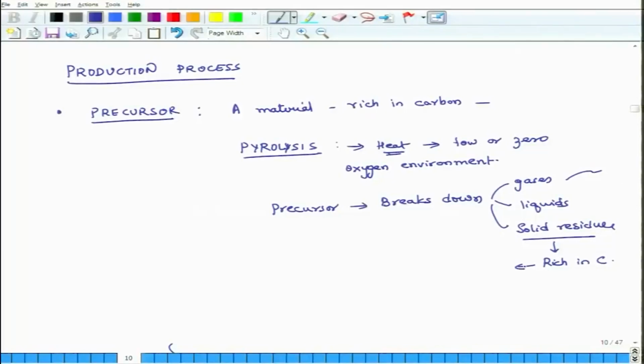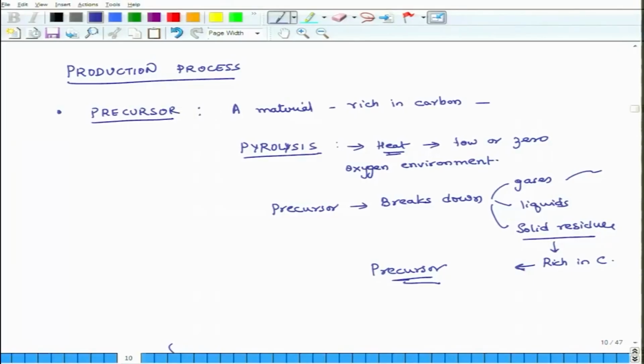And it is this material which is then used for further production of graphite fibers. So, this is what gives you the precursor. Okay.